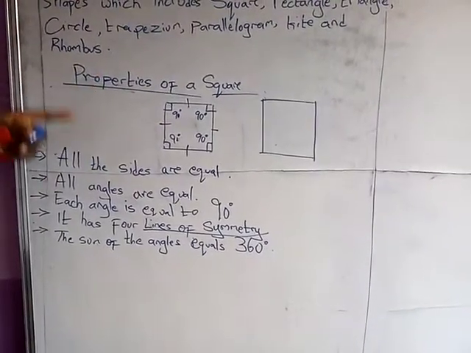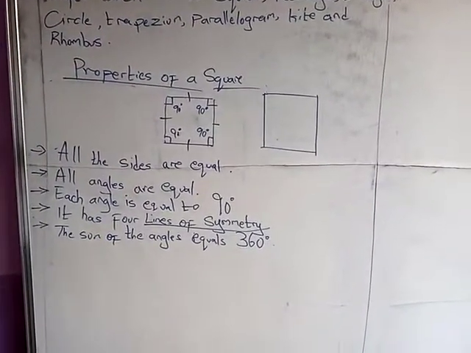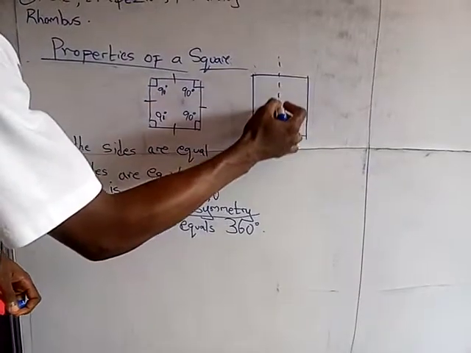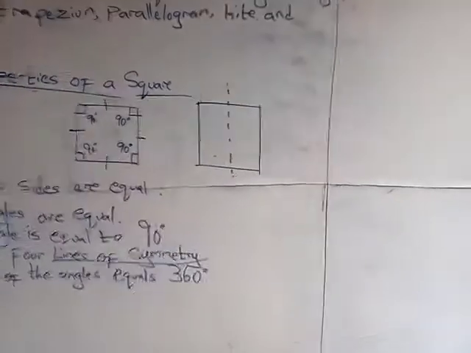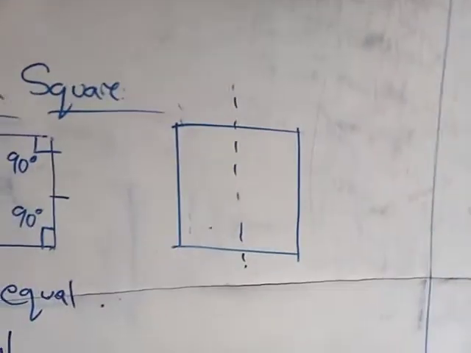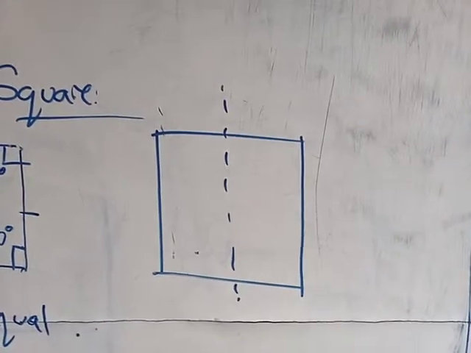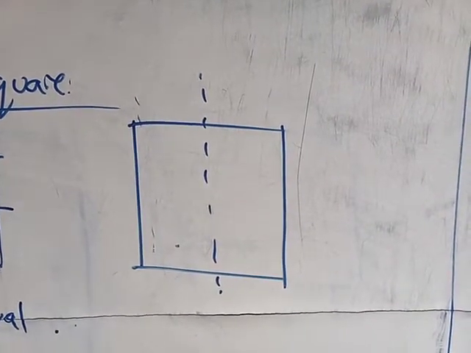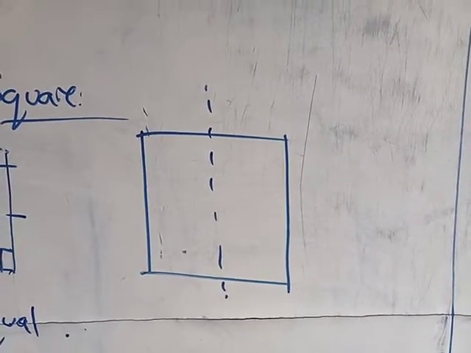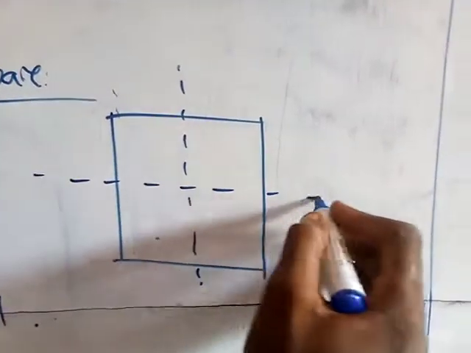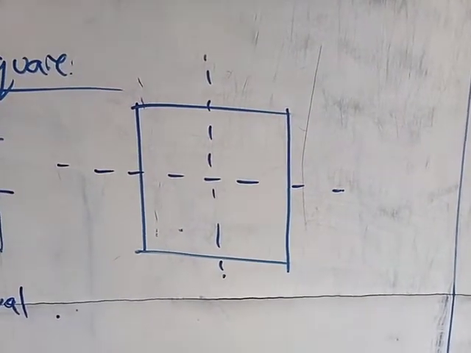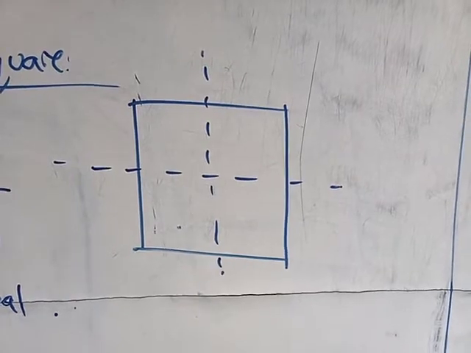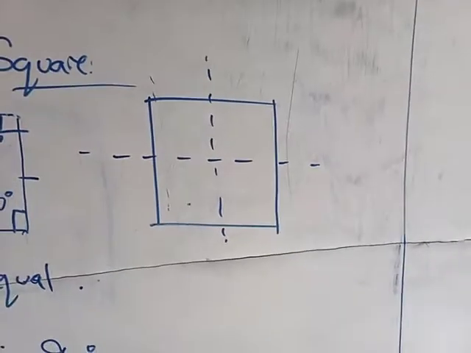It has 4 lines of symmetry. It means that you can fold a square in this form and you'll have equal sizes of the shape. Another one, you can fold it this way, and you also have equal parts, into 2 equal parts.